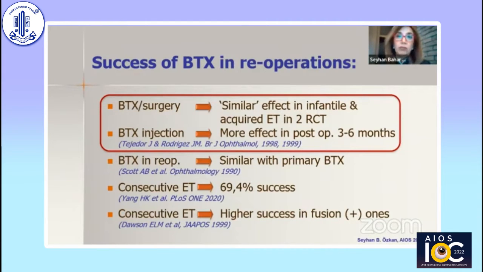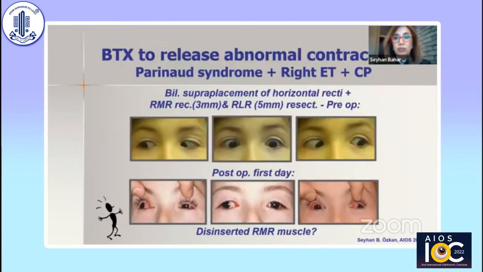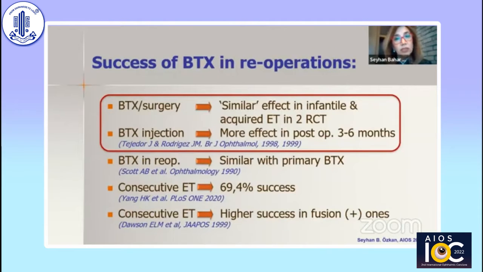However, in the toxin group, the effect was more when the injection is done during the first 3 to 6 months postoperatively. And Alan Scott demonstrated that the results are almost similar with primary toxin injections. And in consecutive eso deviation, the success rate is around 70%. However, the success rate is higher in those who had fusion potential, and this was reported by the Moorfields group.